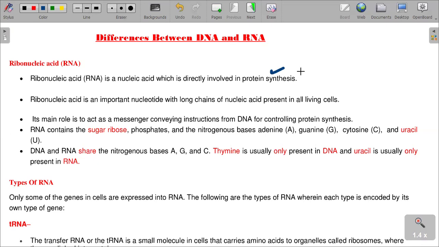I'm sure last time I talked about that. RNA is an abbreviation that stands for ribonucleic acid, an important nucleic acid with long chains of nucleotides, present in all living things.